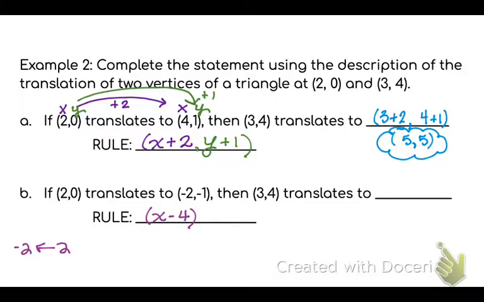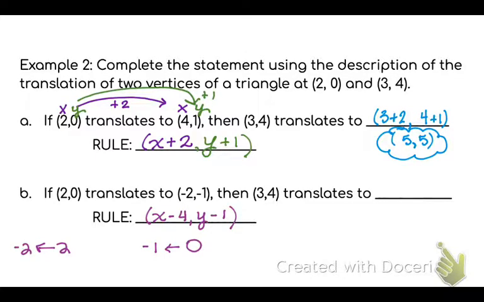If we start at 0 and go to negative 1, again we're subtracting, so we would say y minus 1, going to the left 1 unit to get to negative 1.